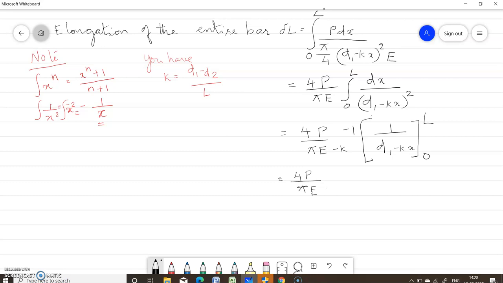The minus k and minus 1 cancel, so it becomes k.